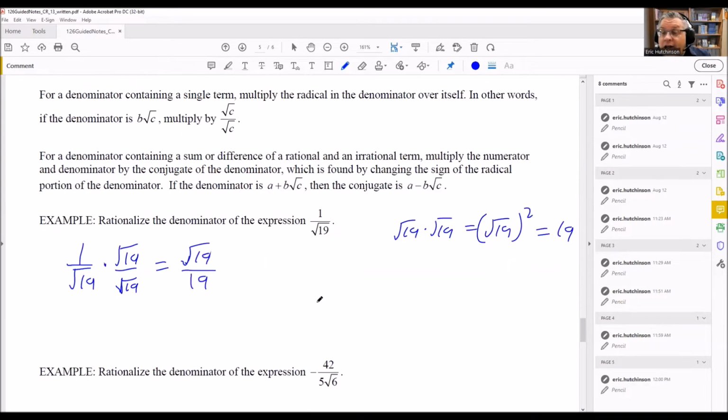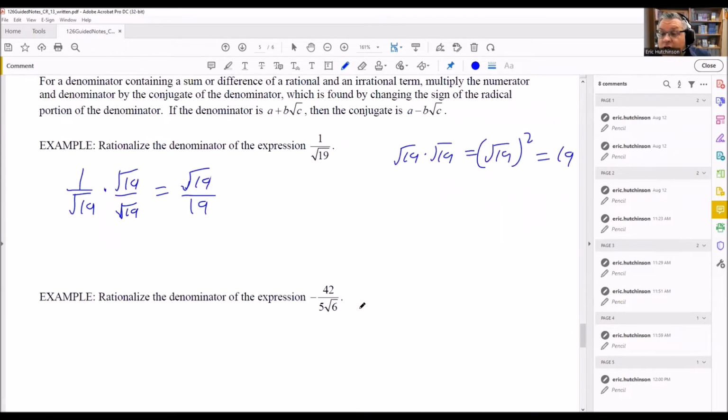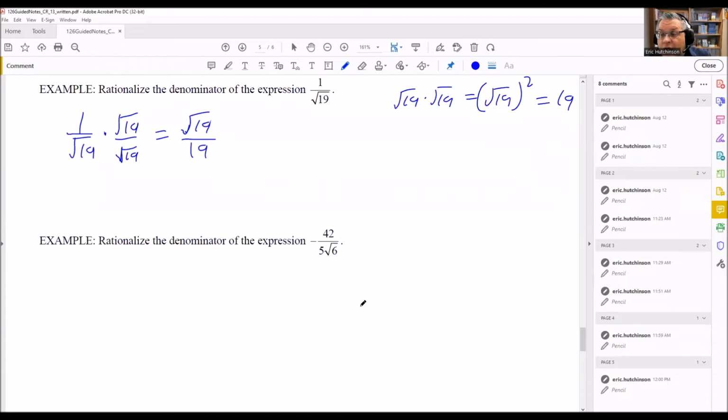The reason this whole thing started is that before there were calculators, if you were trying to do an operation like 1 divided by square root of 19, that's very hard to do by hand when you're dividing by a square root. So instead, we rationalized the denominator, so that the number you're dividing by is an integer instead of a radical, which is an easier calculation by hand.